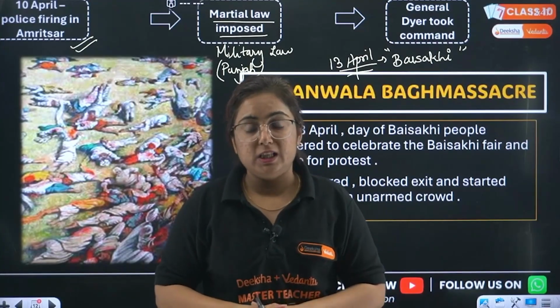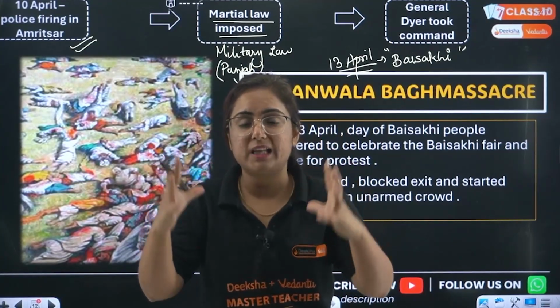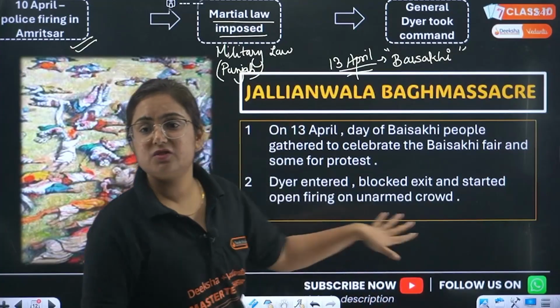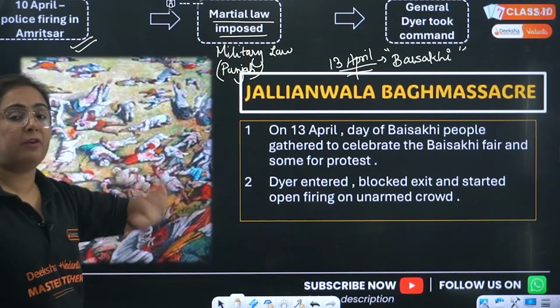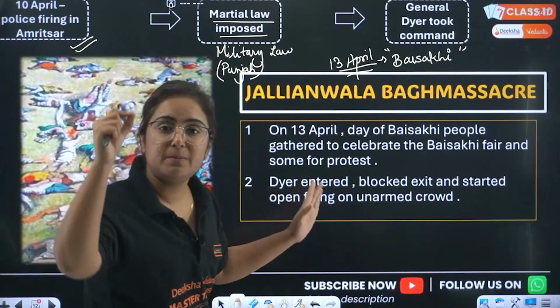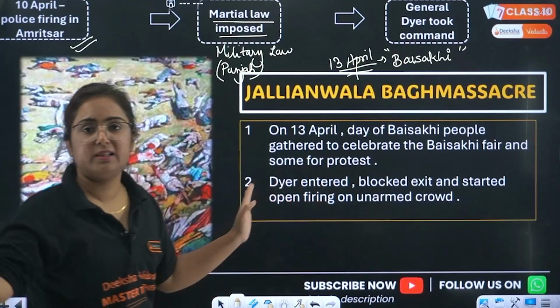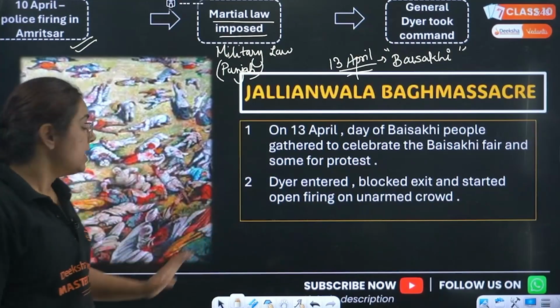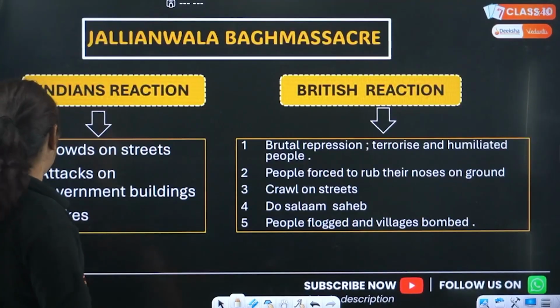It was a black event in the history of India. He blocked the exit and did open firing until he found that every man had died there. There were women, there were children. This was something very bad that happened in India.